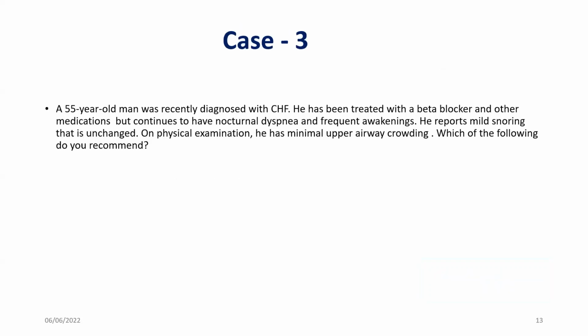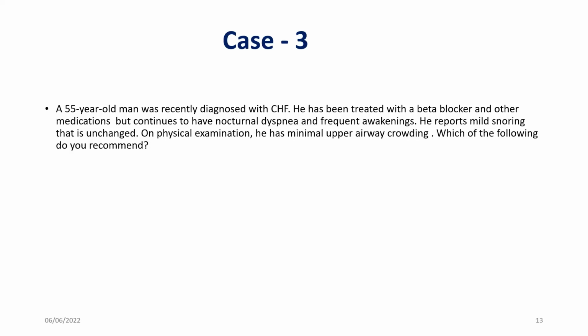So case 3. A 55-year-old man was recently diagnosed with congestive heart failure. He is treated with a beta blocker and other medications, but continues to have nocturnal dyspnea and frequent awakenings. He reports mild snoring that is unchanged. On physical examination, he has minimal upper airway crowding.